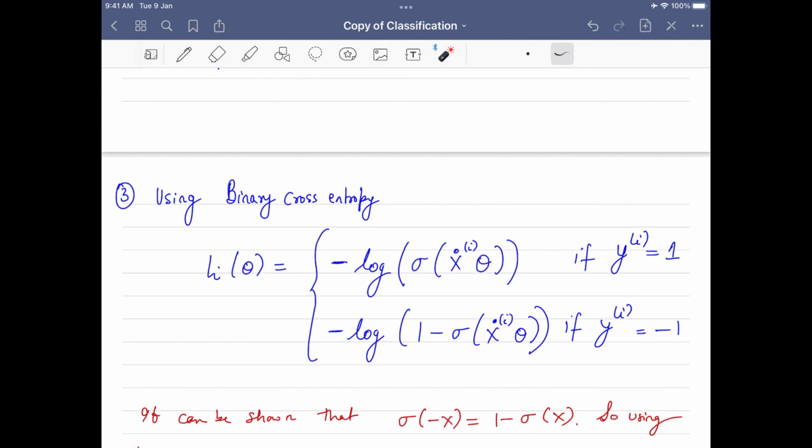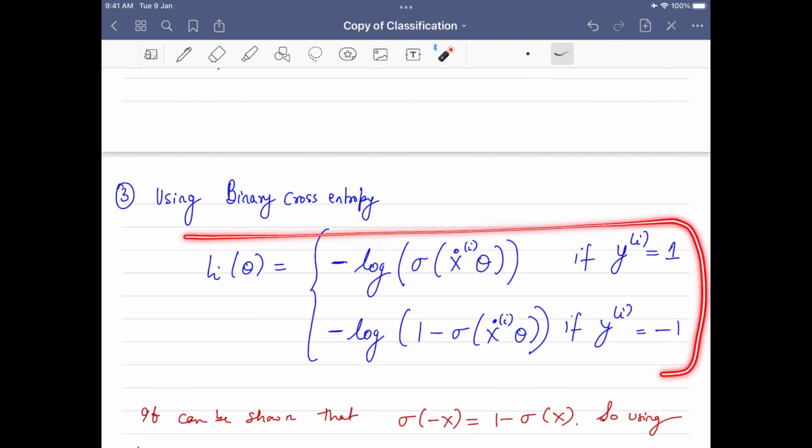The only difference now is that in the earlier case, when you were using binary cross entropy, the labels were 0 and 1, but now the labels are 1 and -1. So the problem is how to define a new loss function for this new strategy.